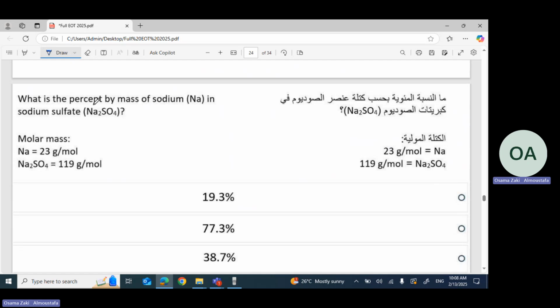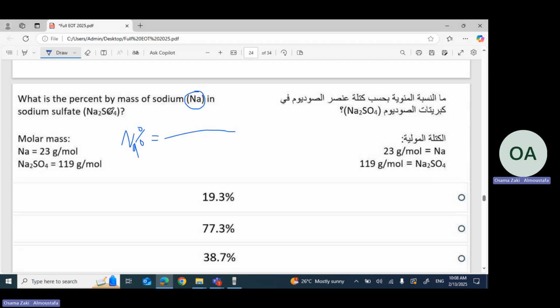Okay, how to find the percent by mass? Percent by mass is very easy. Look, the percent by mass of what? Of Na. Okay, so let's check. This Na percent equals. How many Na do we have here? Because they are asking me about the Na, the sodium. Okay, how many Na do we have?